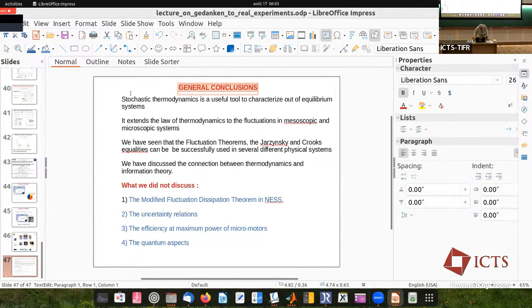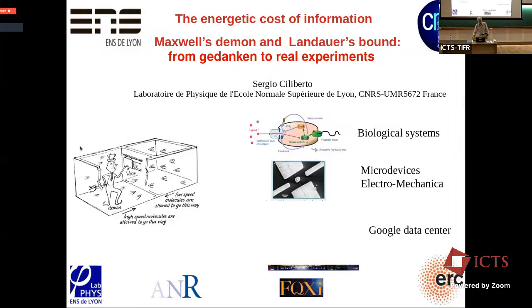Okay, so let me change the slides. Okay, fantastic. So what I want to discuss now is a different aspect: the famous example of Maxwell, the Maxwell demon, that produced a lot of discussion over many years. You will see.